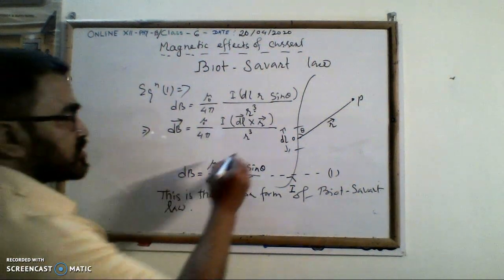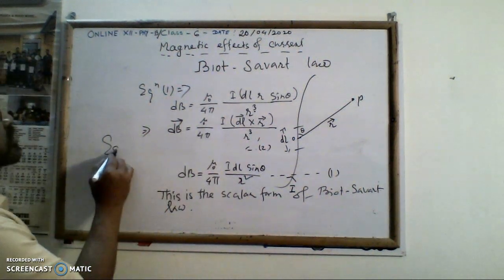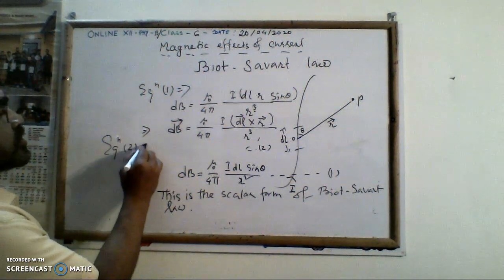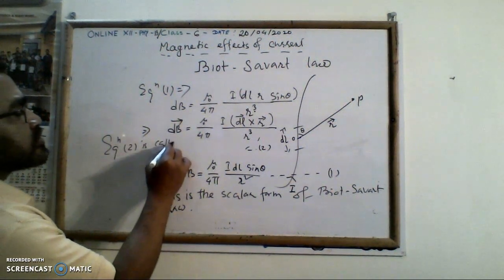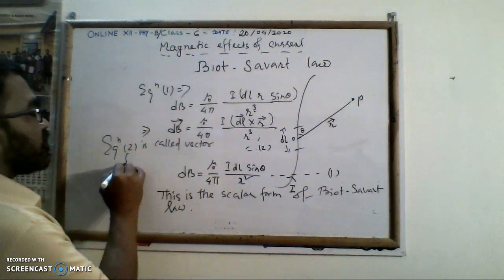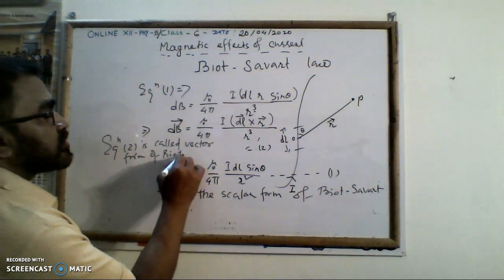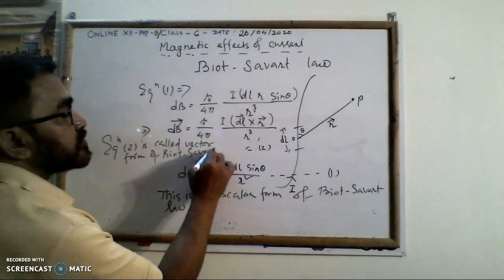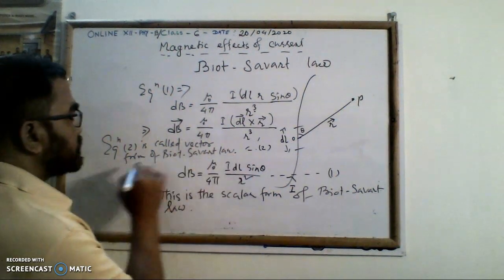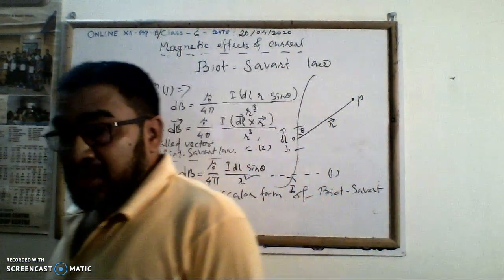So this is equation number 2. Equation 2 is called the vector form of Biot Savart law, right?